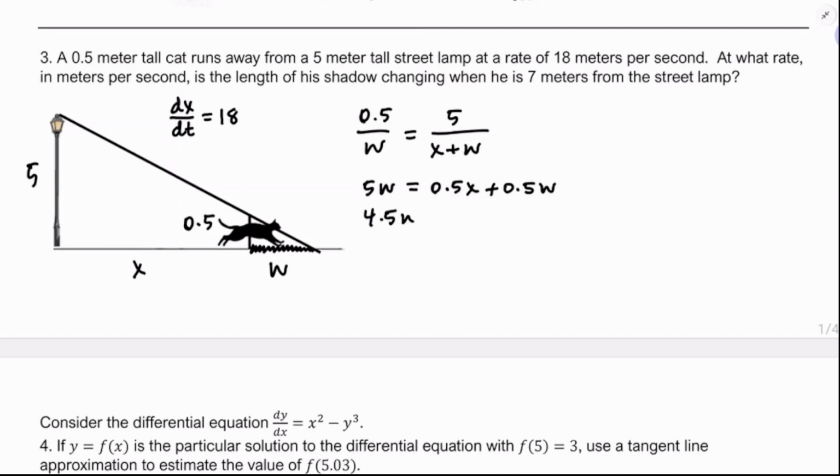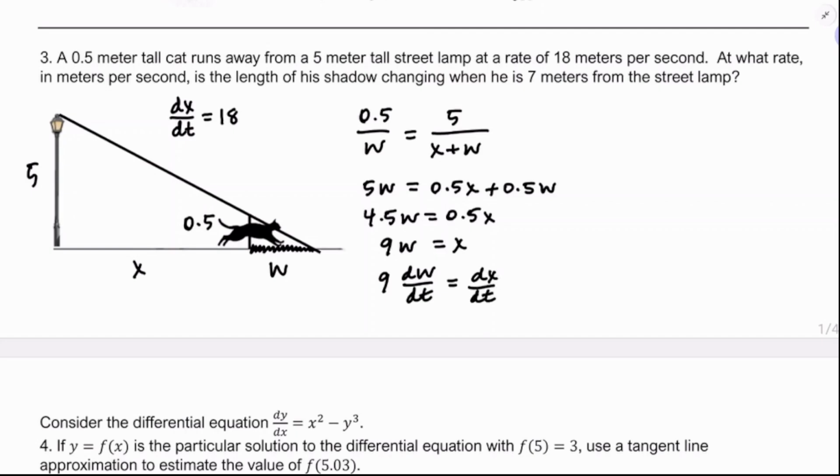4.5w equals 0.5x. At this point, you could even multiply both sides by 2 if you liked, and say 9w equals 1x, and then you could take the derivative of both sides. It really doesn't matter. 9 times dw/dt is going to equal 1 dx/dt.